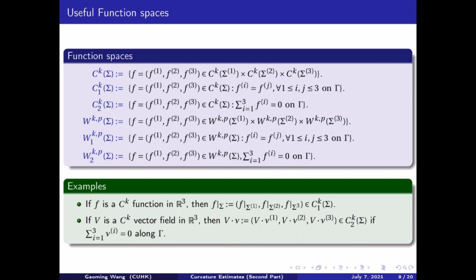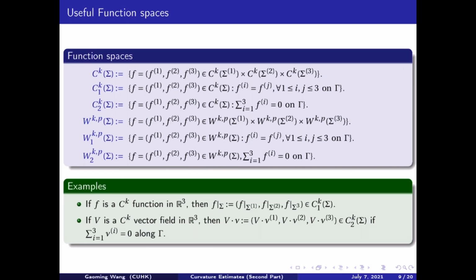Similarly, we say a WKP function f is a W1KP function if the components restricted on gamma agree with each other. Note here we need to assume k is greater or equal to 1, since there is no meaning to talk about the restriction of an LP function on the boundary. For k greater or equal to 1, we should understand the restriction in the trace sense.